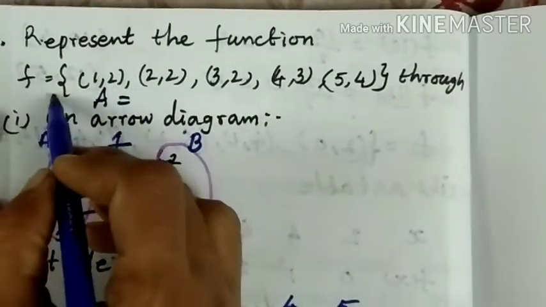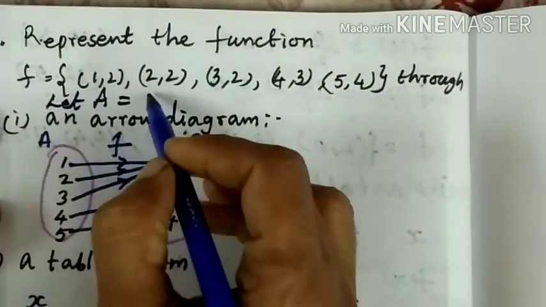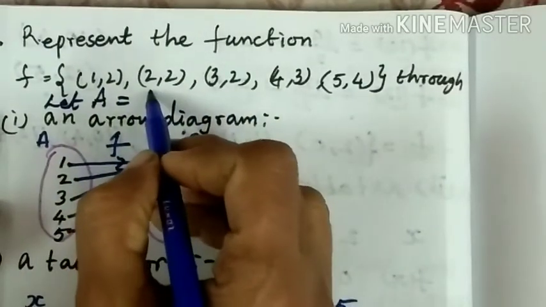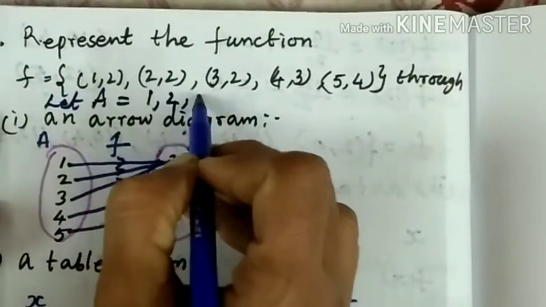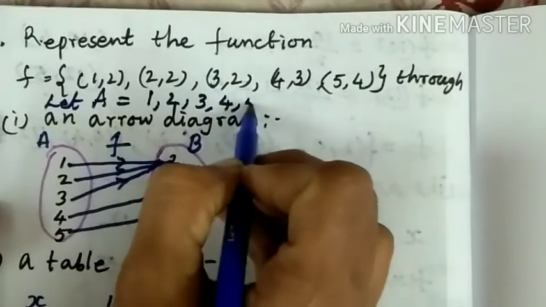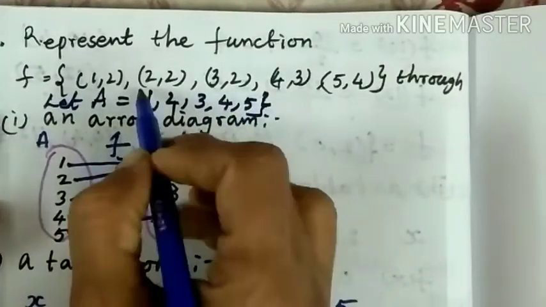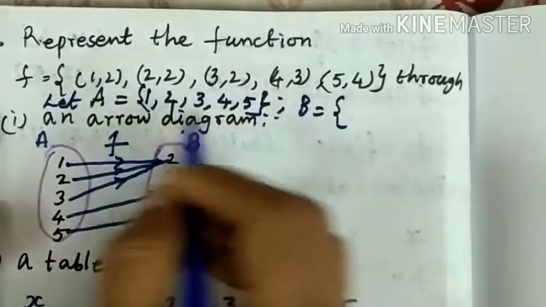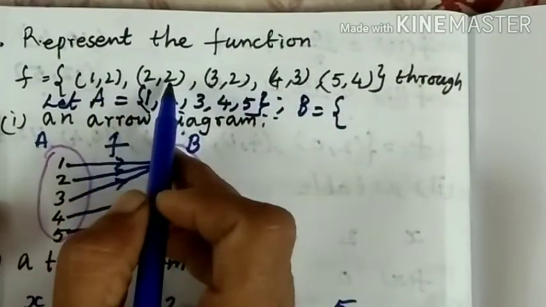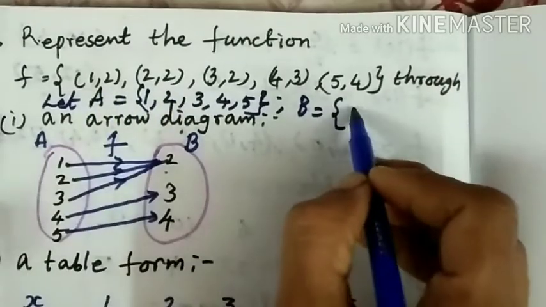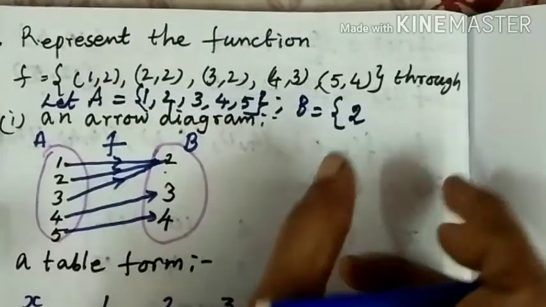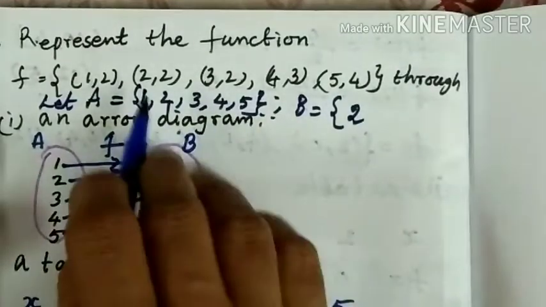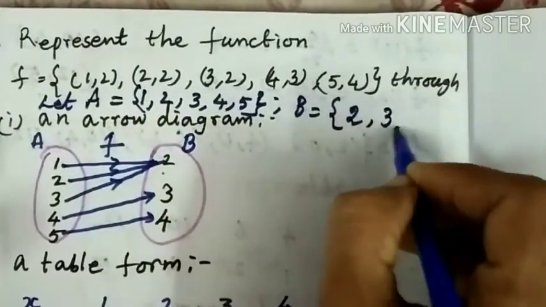From this, let set A equal to the first elements, write down 1, 2, 3, 4, 5. And set B equal to, 2 will be repeated, so you write it only one time, because within the set bracket you don't write the repeated element. 2, 3, 4.